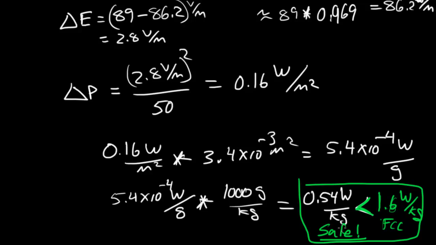And so doing this calculation for the first gram of material, the first little bit of material with whatever volume it turned out to be for that area of the plane wave came out to be the 0.54 watts per kilogram, and that's less than 1.6 watts per kilogram, and so cell phones are safe.